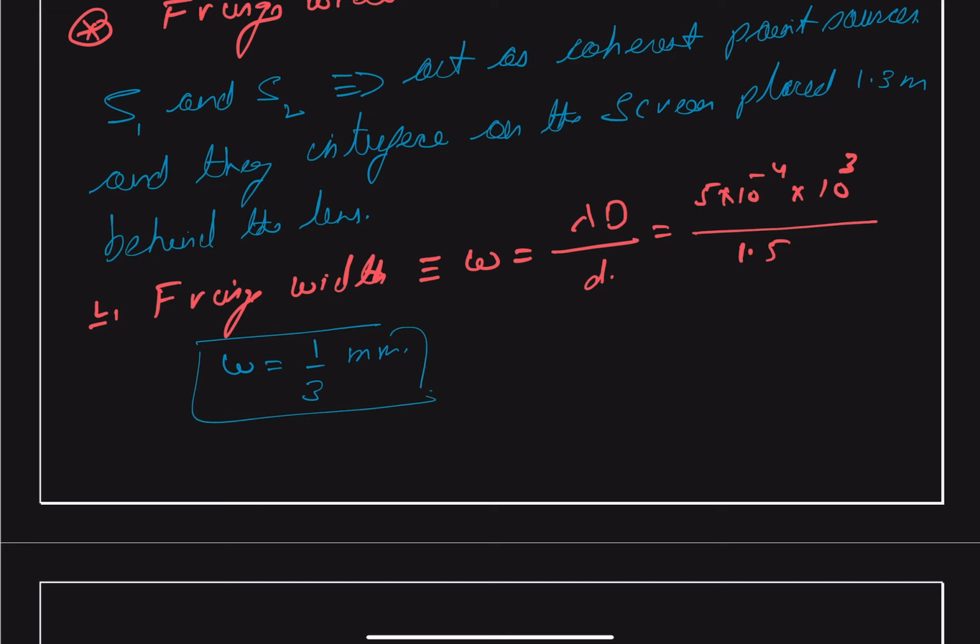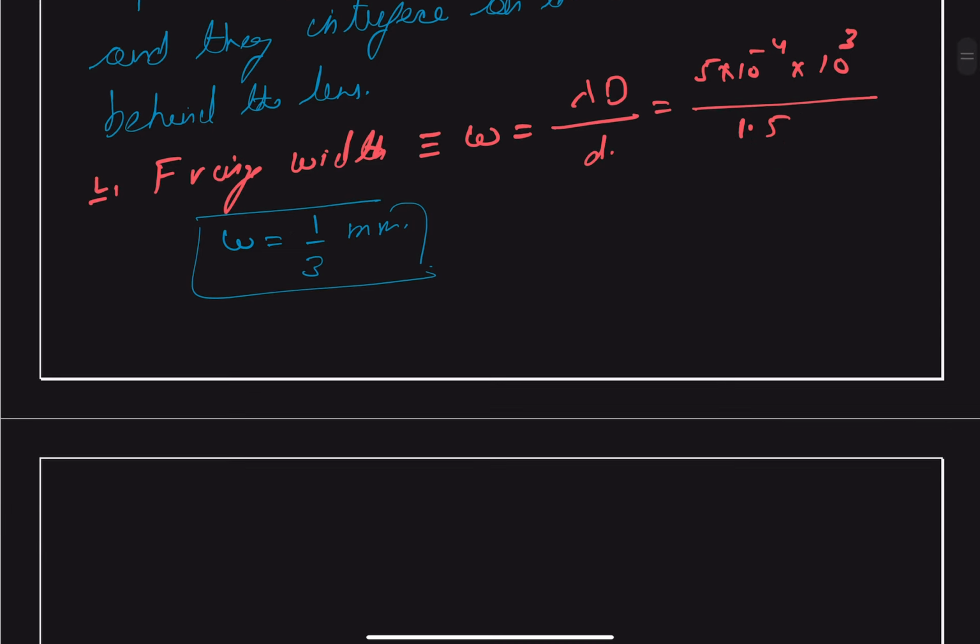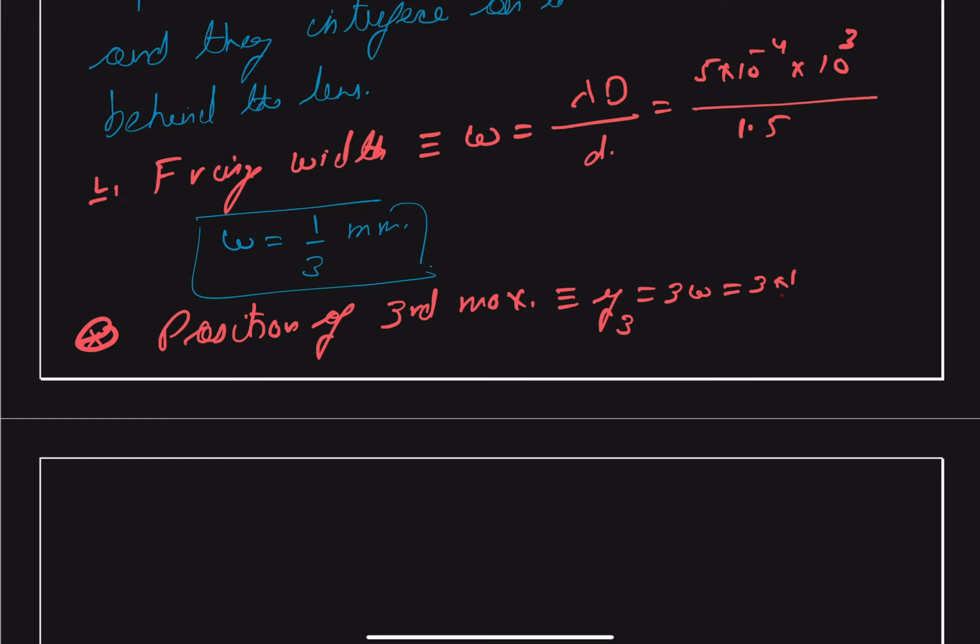And we have to find the position of the third maximum. Let us suppose that is given as y3, and this will be equal to 3 times the fringe width, that is 3 into 1/3. This comes as 1 millimeter.